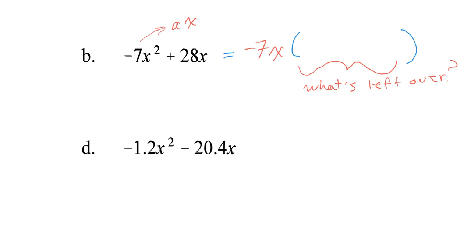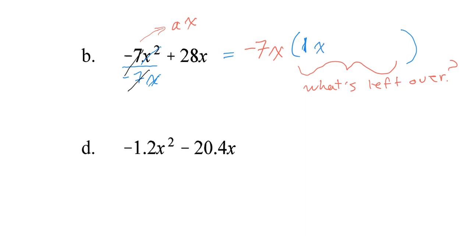So let's imagine we have divided this by negative 7x. If I divided this by negative 7x, this cancels with this, so you're left with, yes, you guessed it, a 1. And x squared divided by x leaves us 1x.